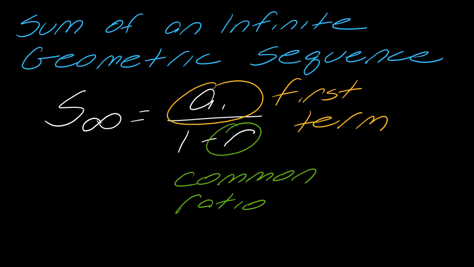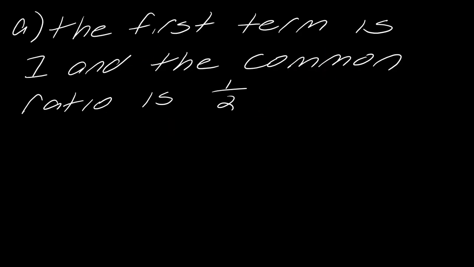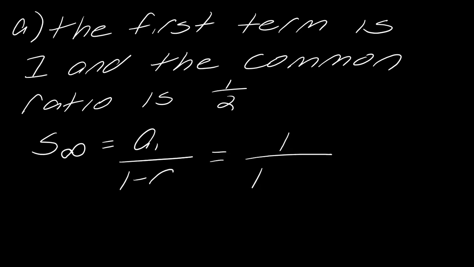So let's take a look at how to actually evaluate some of these infinite series. Okay, so let's say that the first term is 1 and the common ratio is 1/2. This is assumed to be an infinite series, so I'm going to just use this formula. The first term is 1 and the common ratio is 1/2, so that's how I'm going to enter in that information.